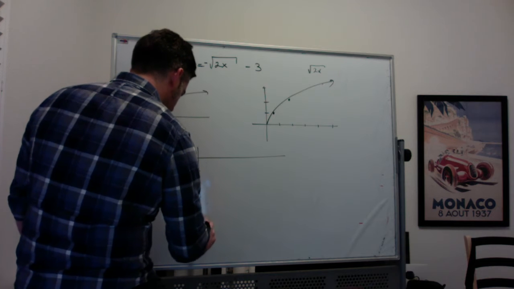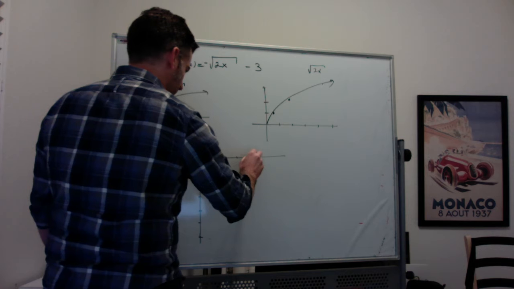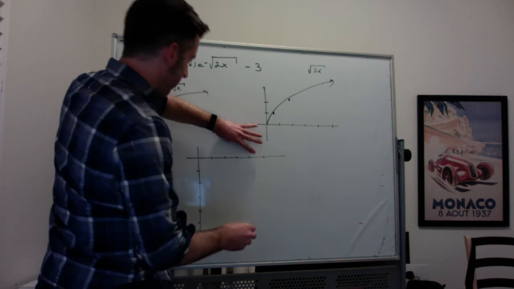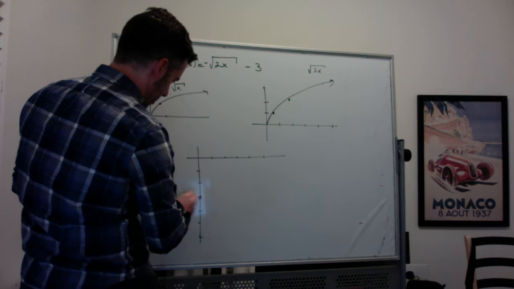Again, your graph doesn't have to be perfect. I'm just trying to show you what is happening here. So flip it over, it's going down like that, and then down 3. So it's going to start at 0, -3.